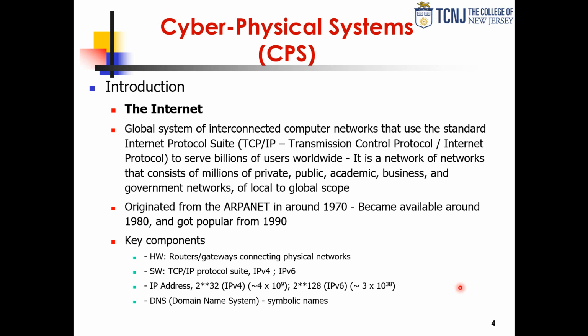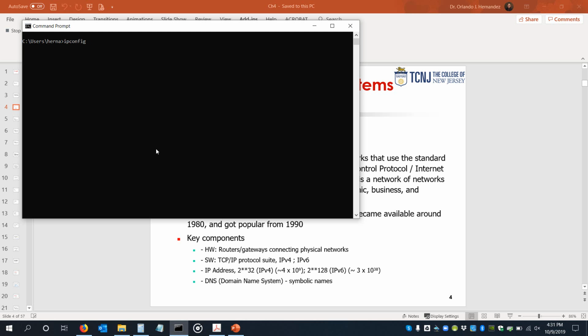because IPv6 employs 128 bits for the IP address. So that's about 3 times 10 to the 38, whatever that is. It's a big number.